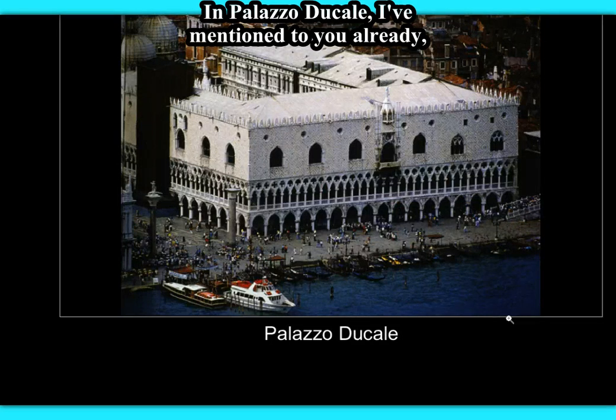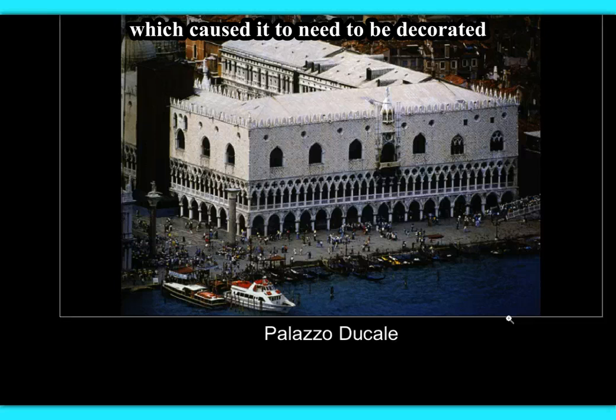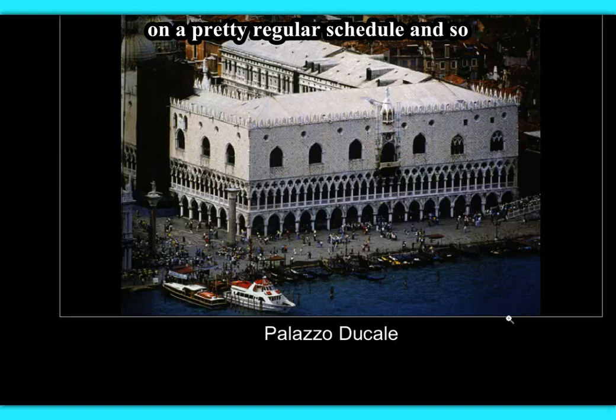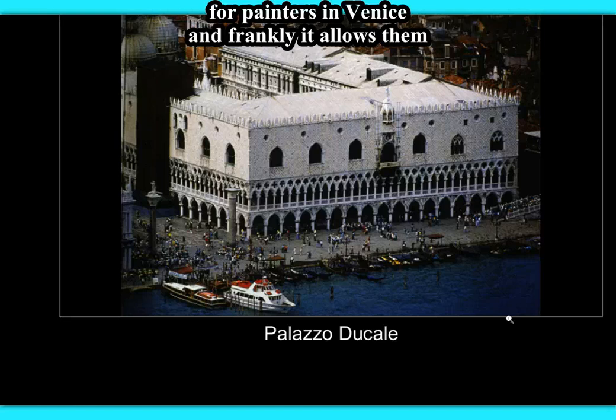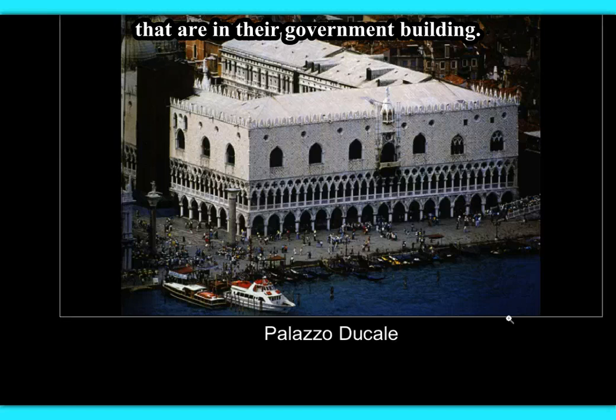In Palazzo Ducale, I've mentioned to you already, there were a number of fires inside of the building, which caused it to need to be decorated on a pretty regular schedule. And so this also provides important commissions for painters in Venice, and frankly it allows them to continually update the style of paintings that are in their government building.